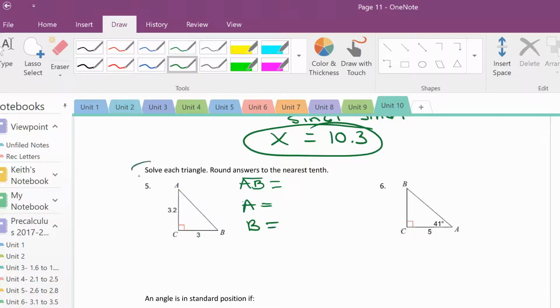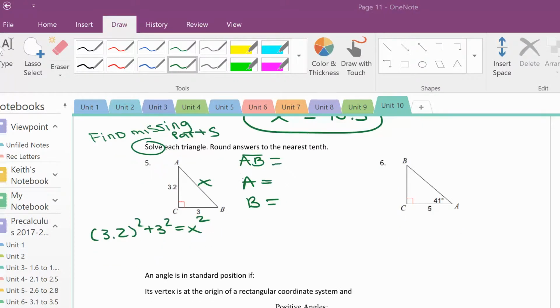That's what it means to solve each triangle. Find the missing parts. To find AB, you can do the Pythagorean theorem. And when you do the Pythagorean theorem, you get 4.4.